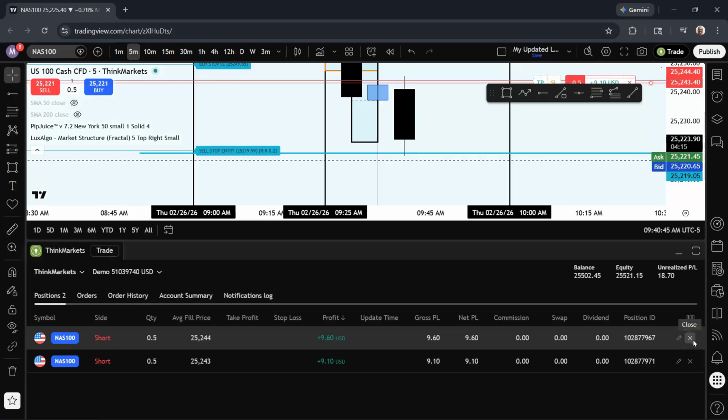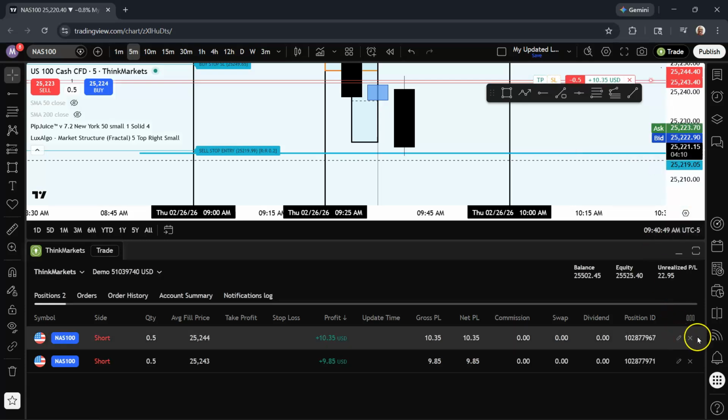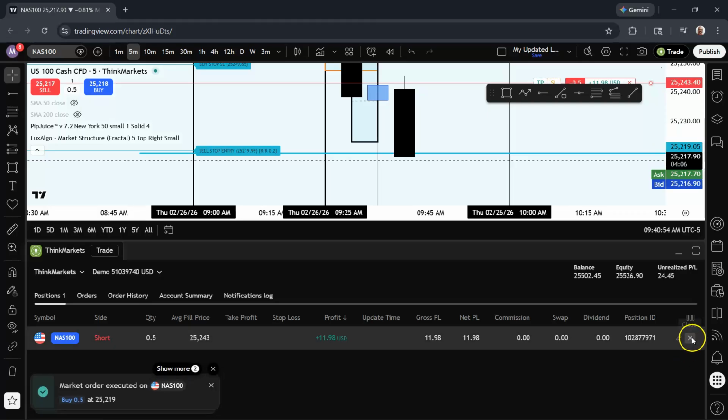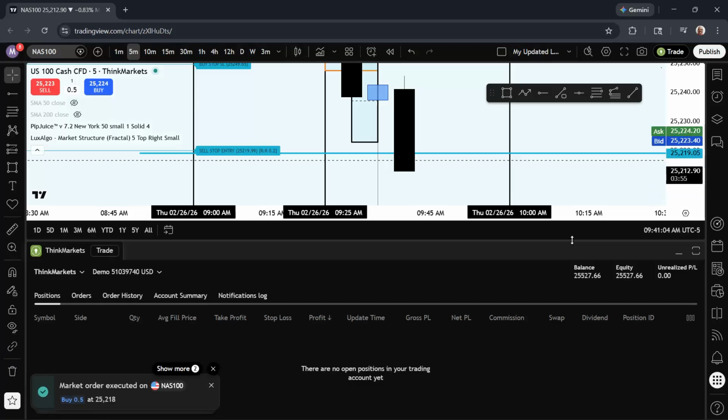There you go. It hit it, but silly me, I didn't set it. So 20. All right. So I got back to $20. Let me tell you how much I made on this trade.